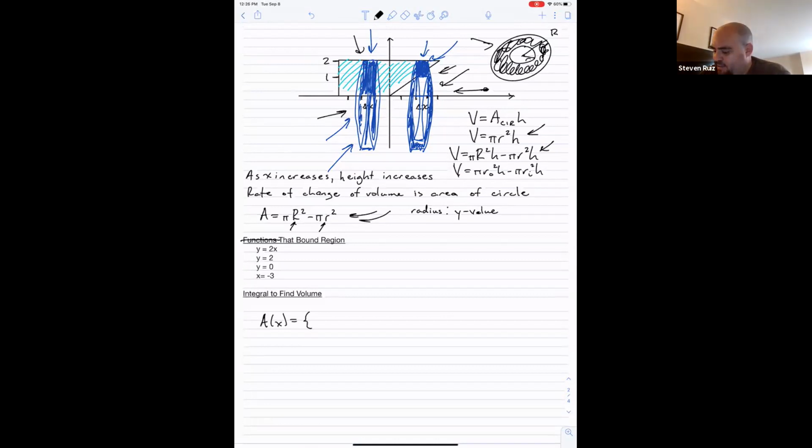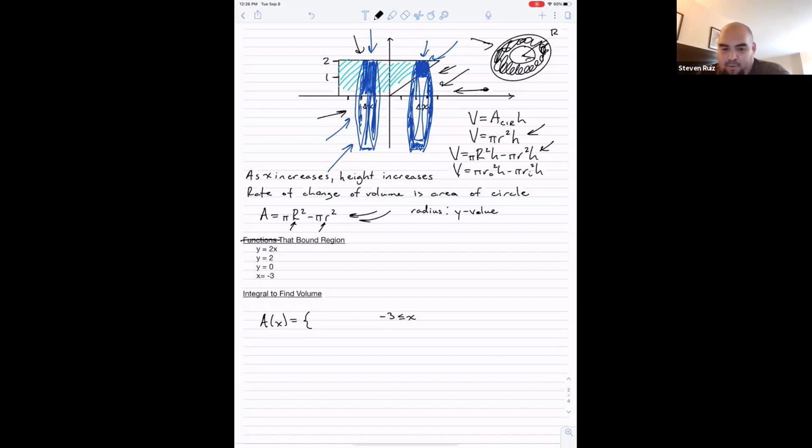So first, let's define this function for the minimum value of x all the way up to the y-axis. What's our minimum value of x based on the equations I've given you that bound this region? -3. We'll go with that.